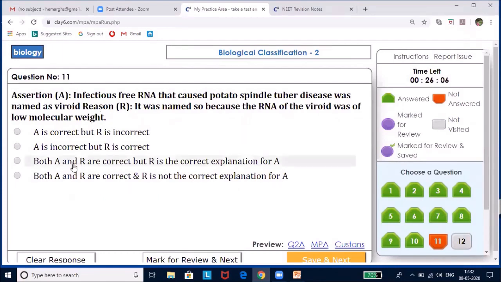A and R. A and R, okay. But R is not. Why it was named viroid, it is correct. But RNA of the viroid was of low molecular weight is wrong.